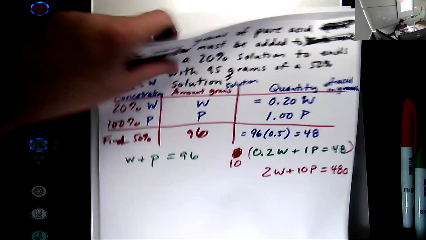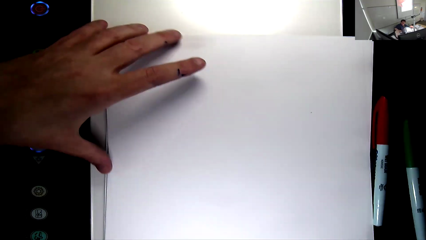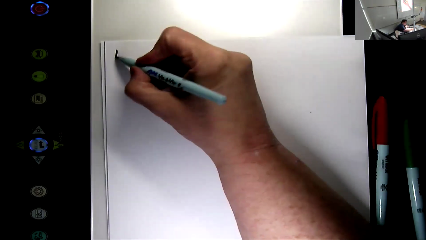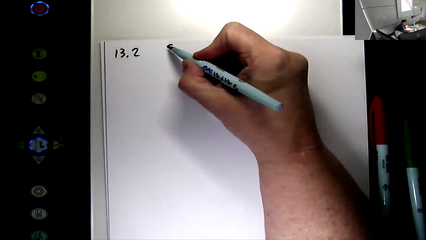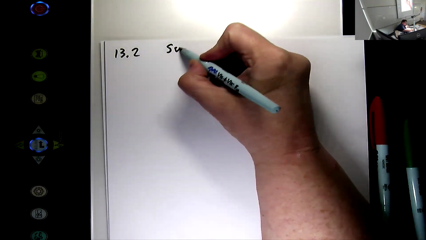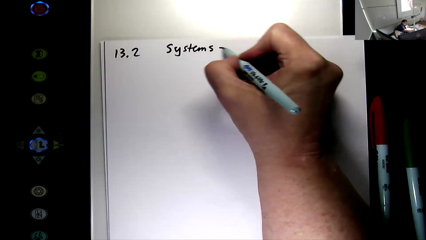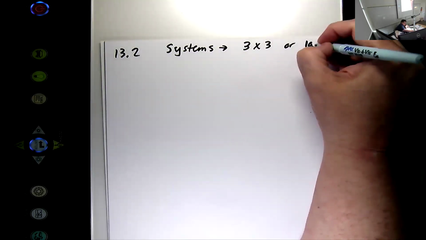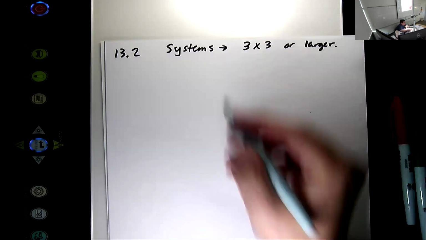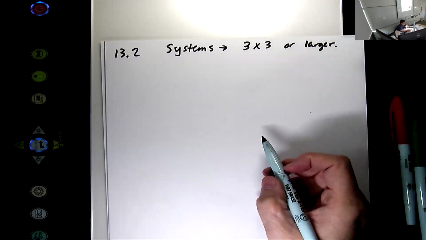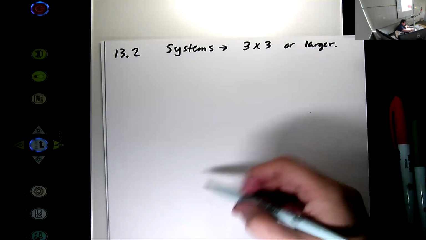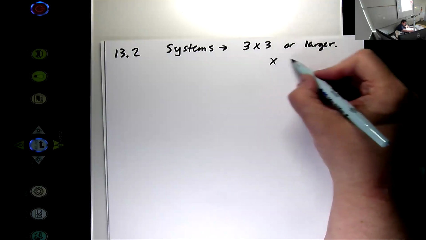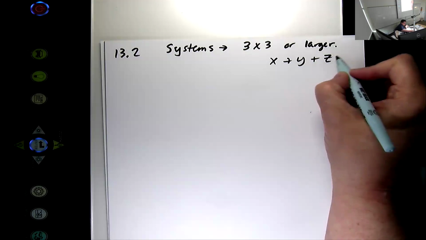All right, 13.2. Three by three and larger systems. A 3 by 3, we're gonna have something like x plus y plus z equals, I don't know, like 10.